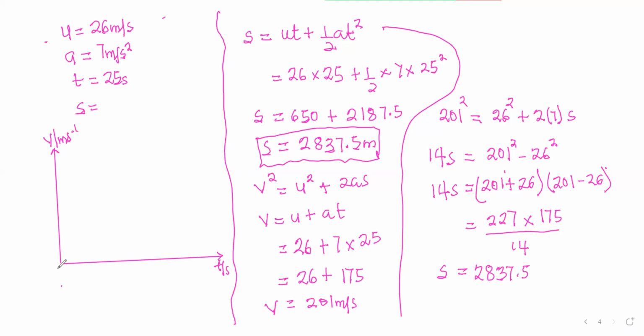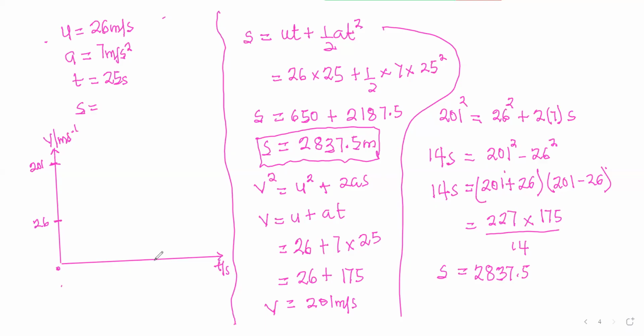So we must start from zero here, but we are starting from when the velocity is 26. Then we are told it accelerates by this margin. We had a final velocity to be 201. So there must be another velocity here, which is 201.